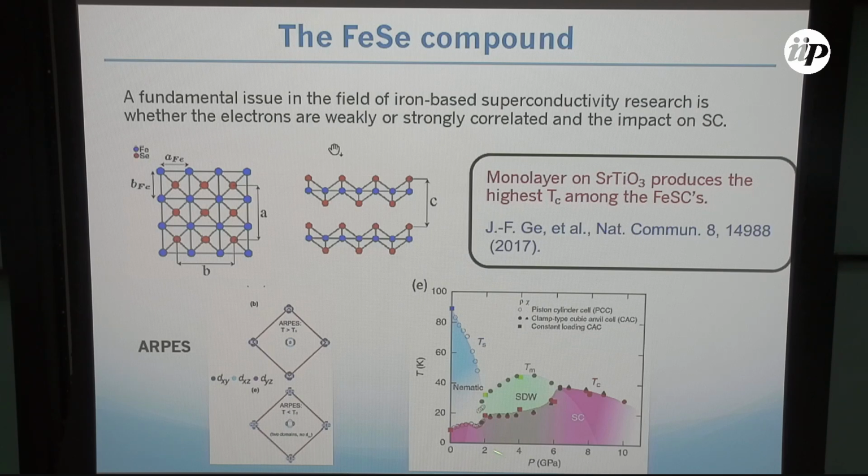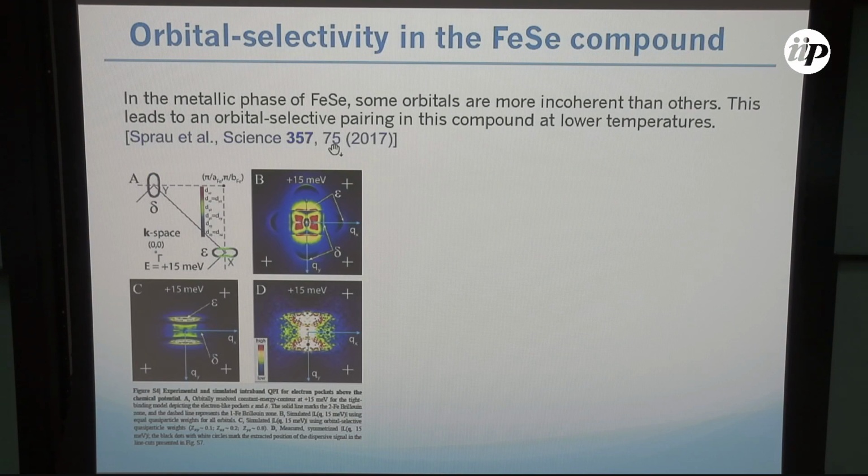But as we increase the pressure, the magnetic order appears, and the superconducting phase gets dramatically increased. So there is some interplay between this magnetic phase and also the superconducting phase. So we are going to analyze that using the RG scheme. So here I also show a very interesting recent result by Sprau et al., published last year, where they obtained that the superconducting phase in iron selenide is actually orbital selective.